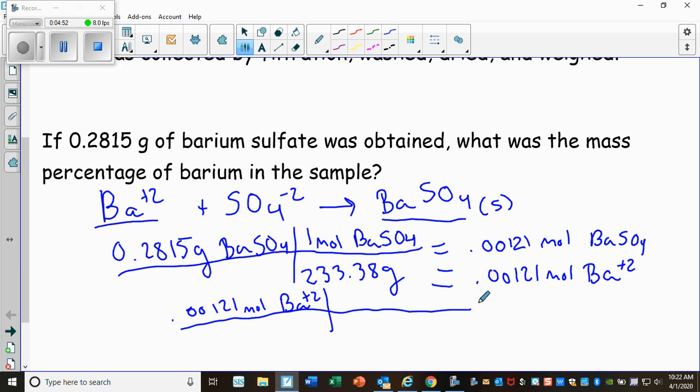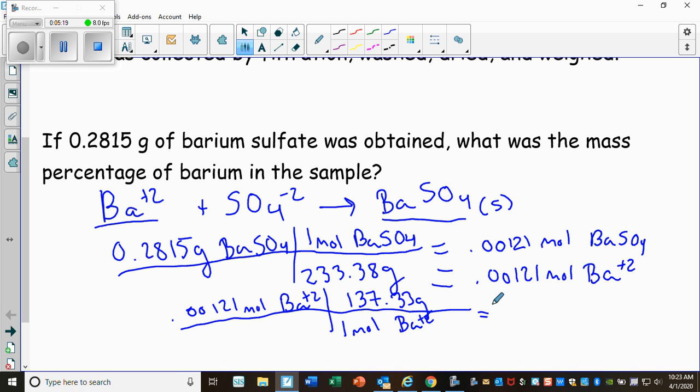So barium's molar mass is, where did it go? At 137.33. So 1 mole barium, 137.33 grams.